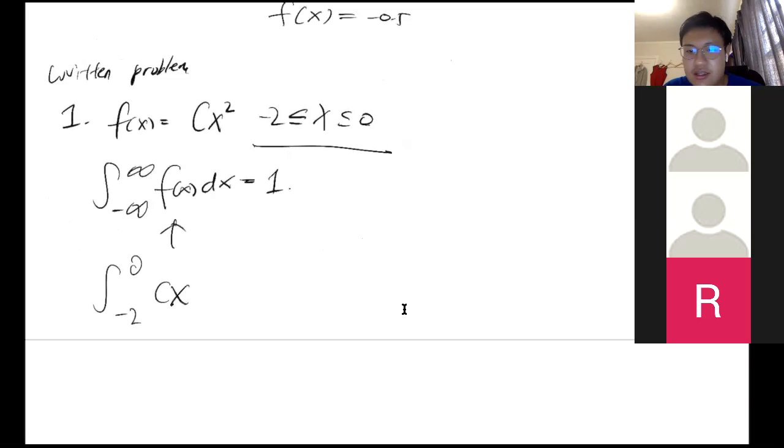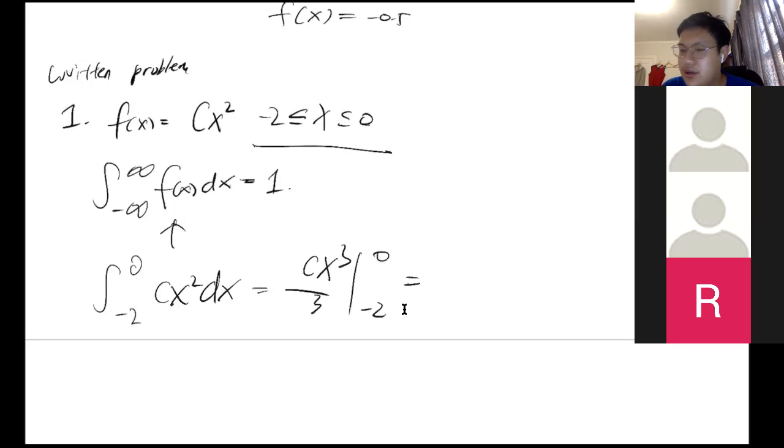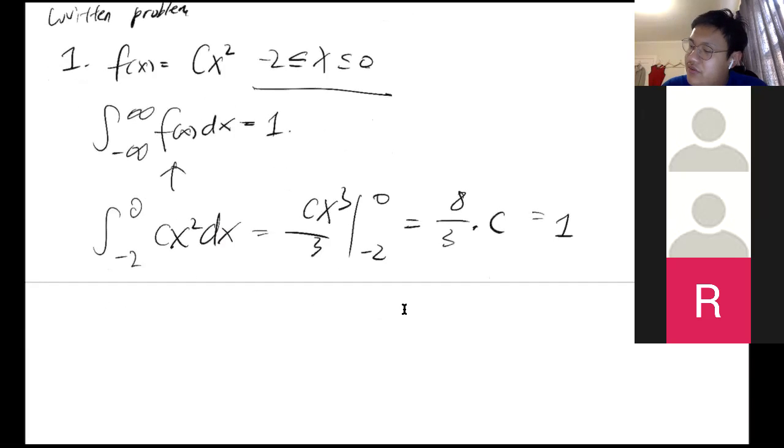So it's the integral of c x squared dx, and the integration of that is c x cubed over 3, taking the range from negative 2 to 0, and it's equal to 8 over 3 times c. And we want this to be 1 because the sum of all the probabilities together has to be 1 for a valid PDF. So we know that c is 3 over 8.